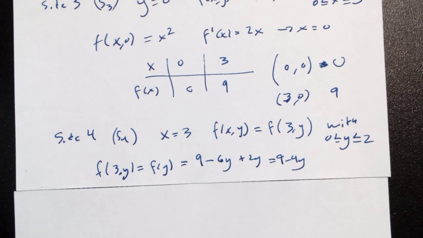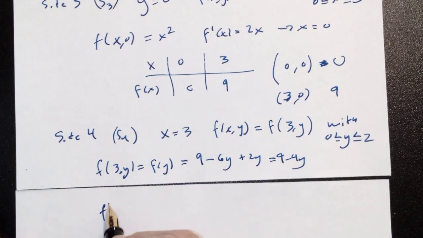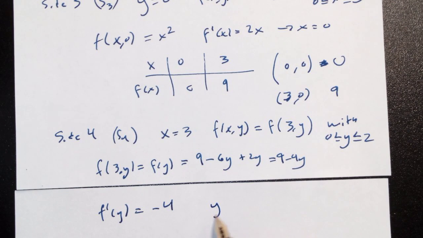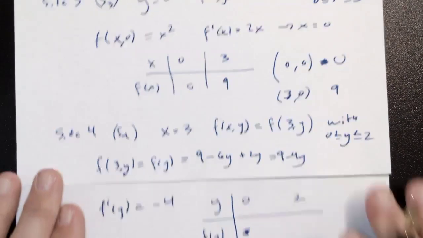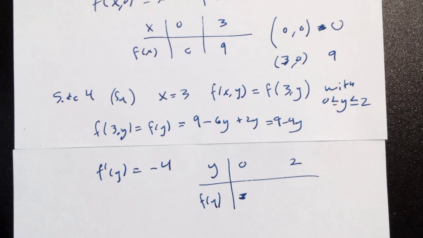Now, wait a second. Once again, f prime of y is a constant. So the only places I need to look are the edges. Plug in 0, plug in 2.